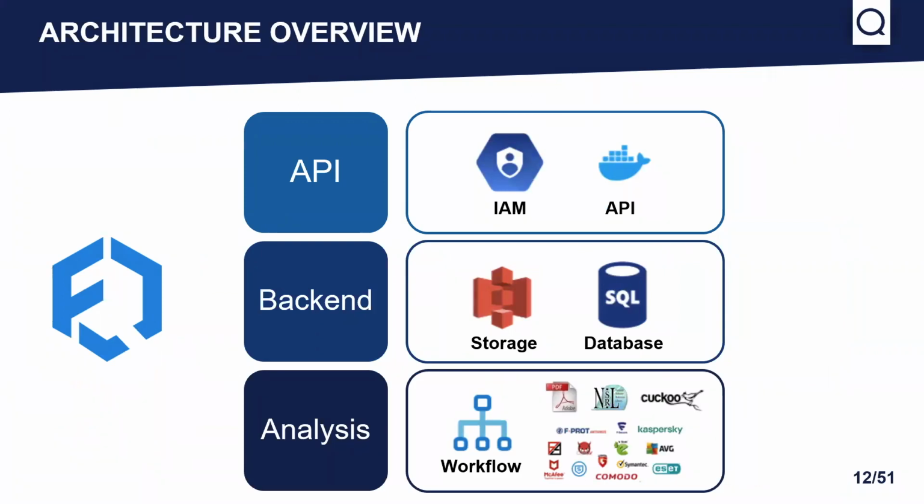If I zoom a bit into the three components, the API will be composed of the identity and access management and the real API, the applicative API. The backend, as I just said, is mainly the storage on the MinIO component and the database for the results.